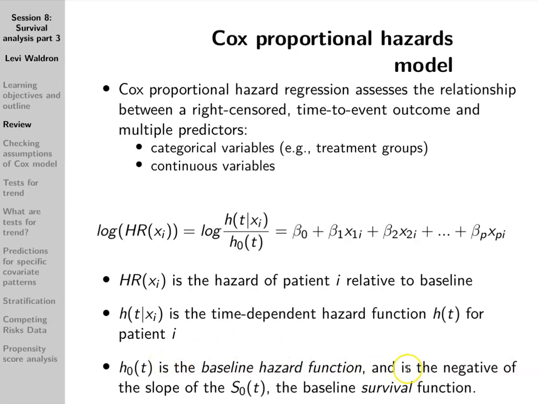And just to recall, that's the negative of the slope of S0 of t, which is the baseline survival function. So that's the thing that we estimated with the Kaplan-Meier estimator, that was the cumulative survival function that always decreases over time.